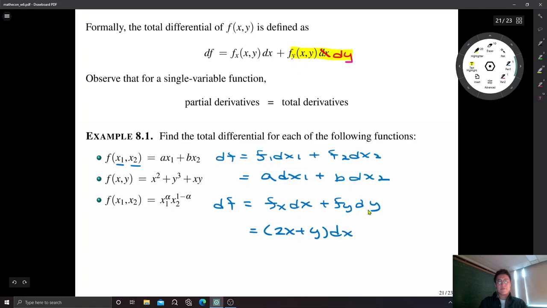Similarly, f sub y is 3y squared, because x squared is a constant, y cubed becomes 3y squared, and xy becomes x, times dy.